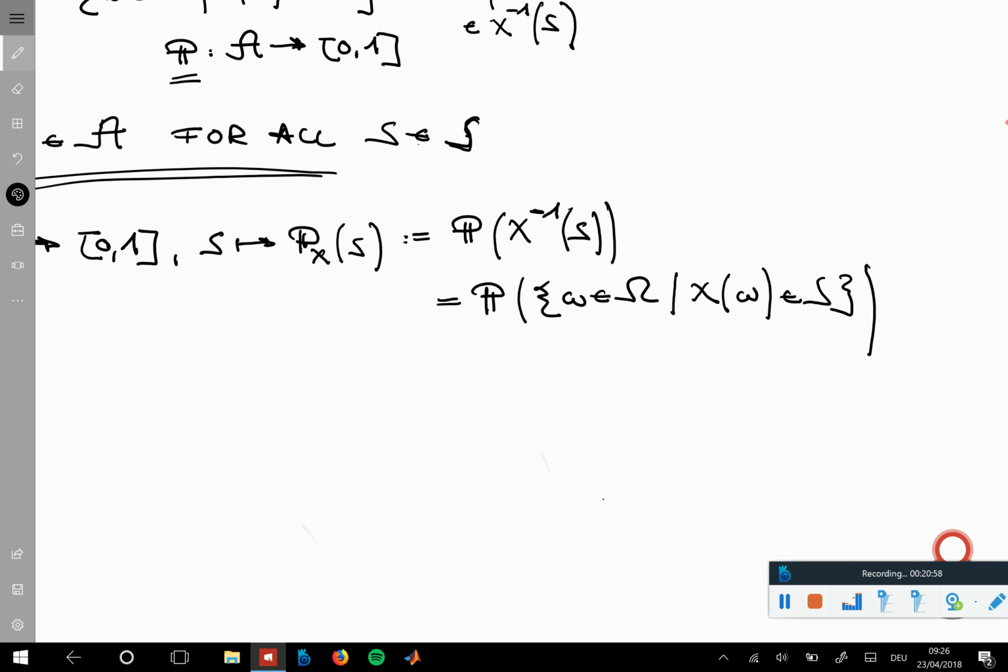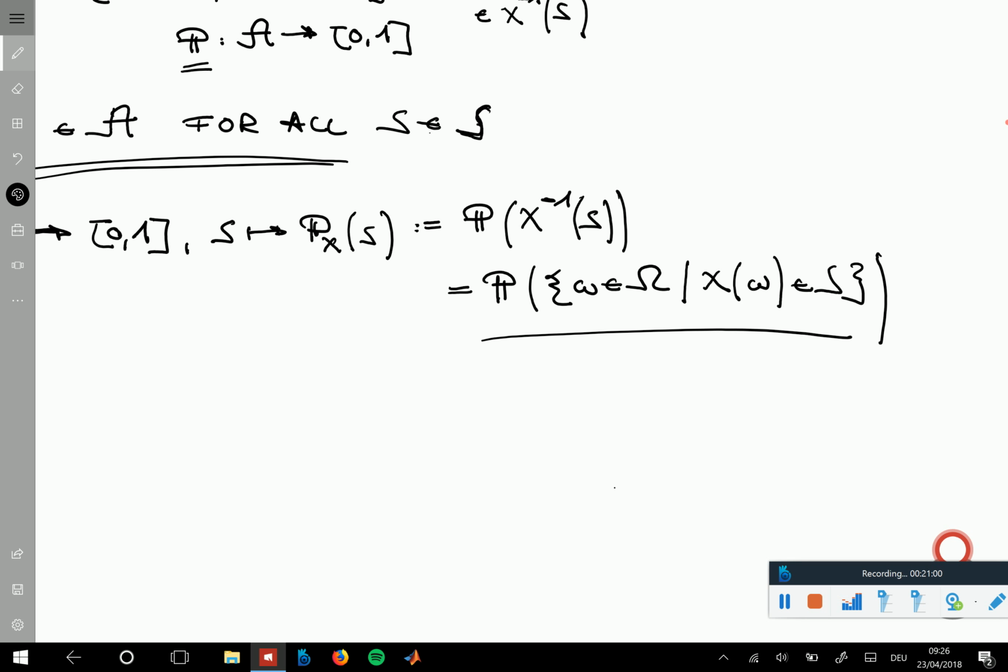So this is really the crucial thing here. The whole setup is designed so that this works.